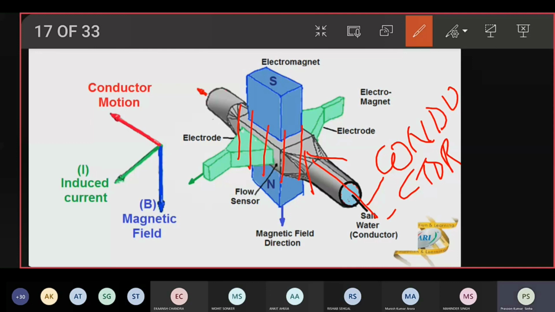So your thumb should be showing the direction of the flow of water. The magnetic field will be represented by your index finger. The middle finger will show the direction of the induced current, from which side to which side.